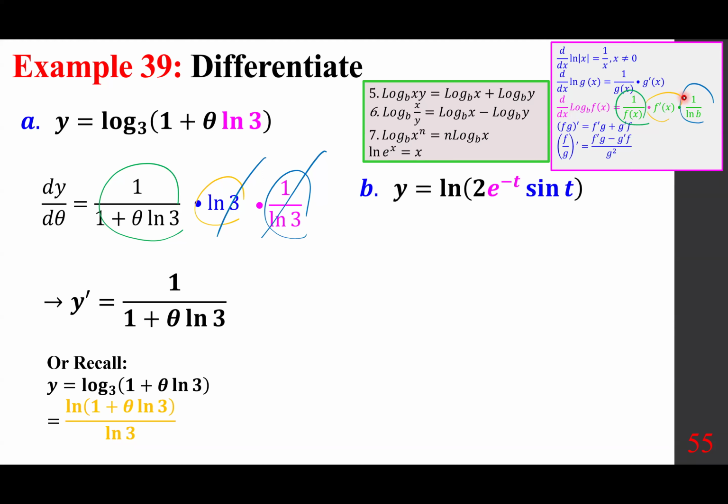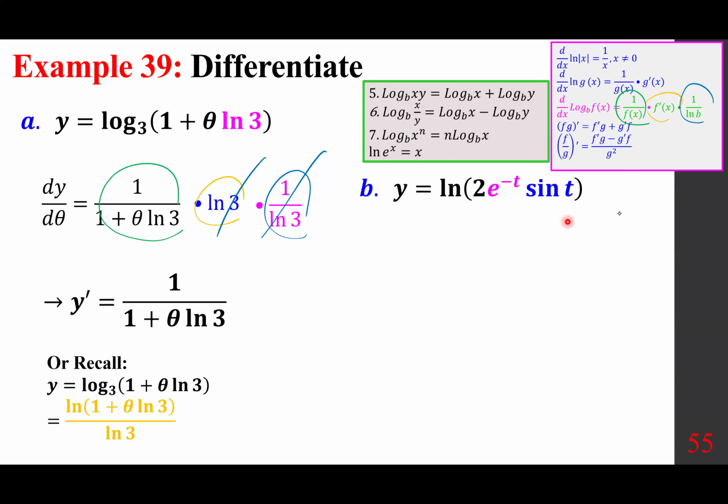All right, y equals ln of 2 e to the power minus t sine t. Here's an example that I guarantee you, if you try to differentiate without decomposing, it's going to be very difficult, and it is not going to be easy to get the final answer as we want it.